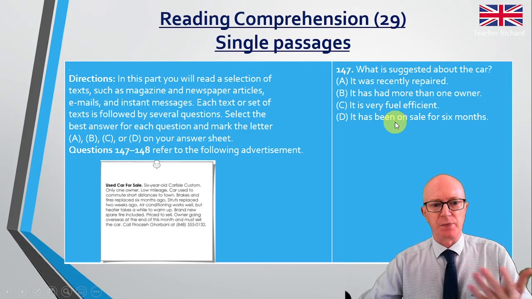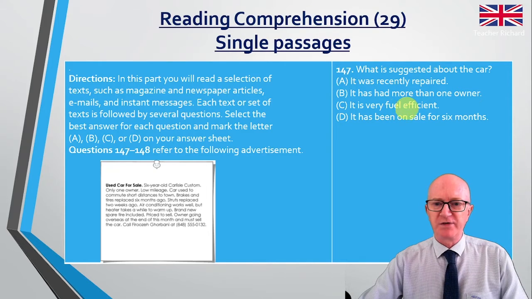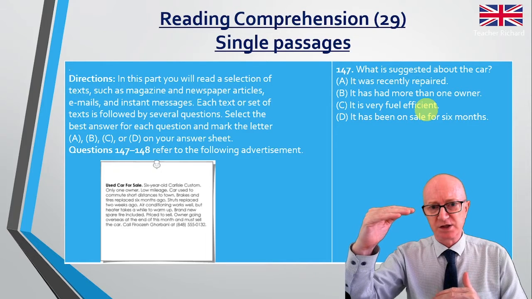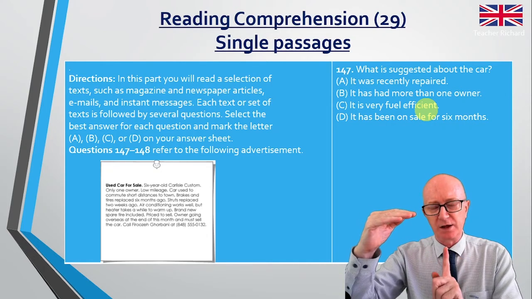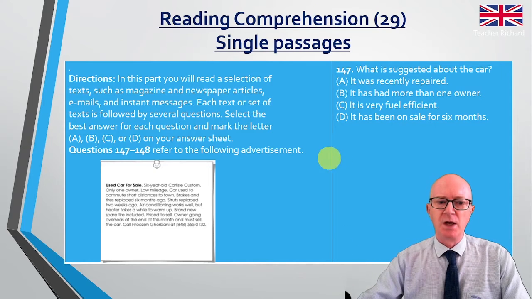You can have a big 4x4 car which is not fuel efficient but has a low mileage. Fuel efficient means miles to the gallon. The more miles you can go on 1 gallon of petrol, the more fuel efficient your car is. However, this is not the same meaning.